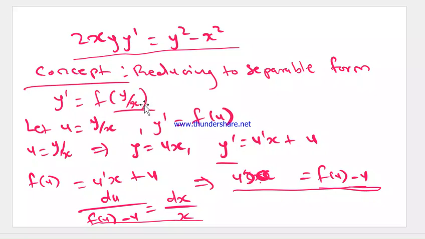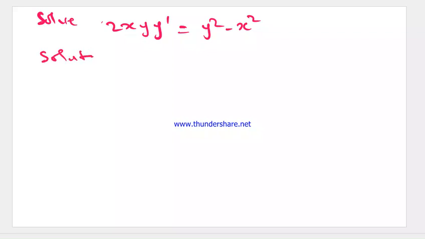So let's see an example to the expression we gave here. Solve 2x y prime equals y square minus x square. As I've said, that is not easily separable, so we have to reduce it to separable form.